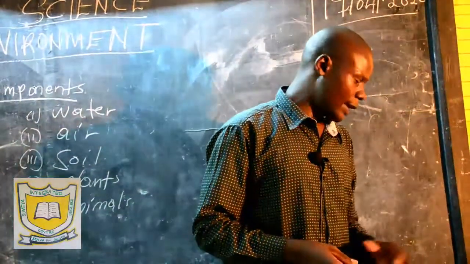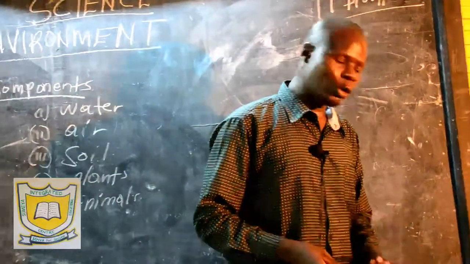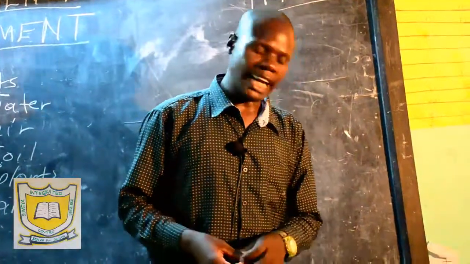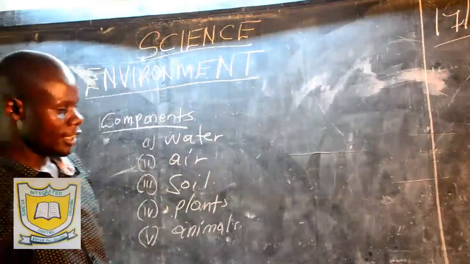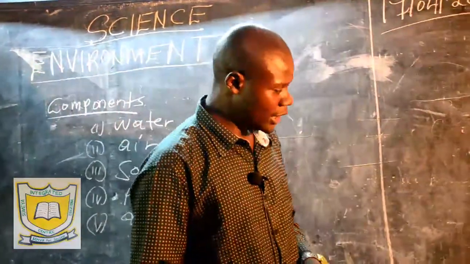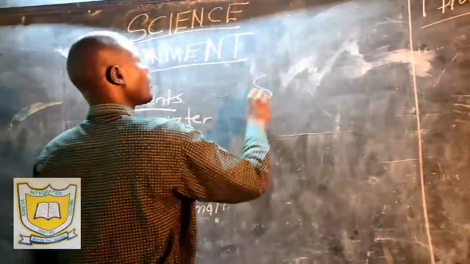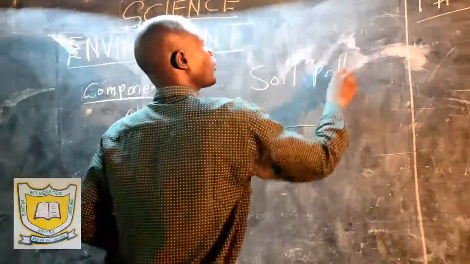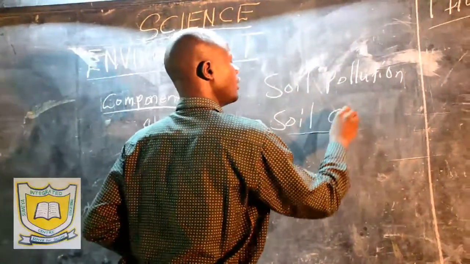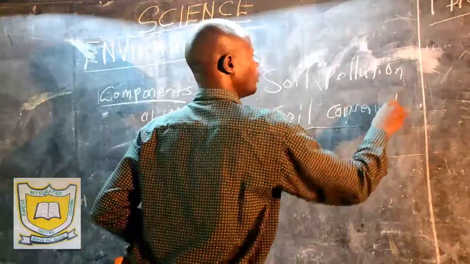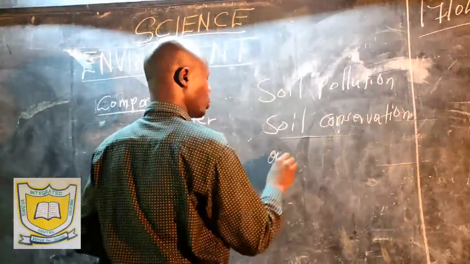In Standard 7, you also talked about water, the effects and causes of water pollution, still connected to this. But here in our class 8, we will discuss soil pollution, soil conservation, and air pollution.